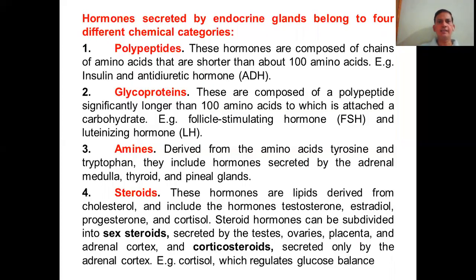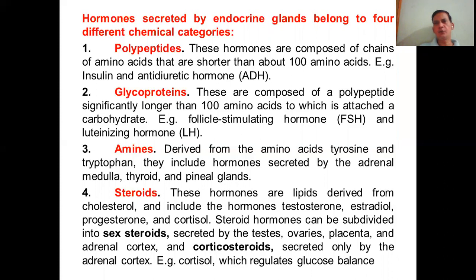So hormones secreted by the endocrine glands belong to 4 different chemical categories. So these are polypeptides, glycoproteins, amines, and the steroids. So polypeptides, these are the hormones that are composed of chains of amino acids shorter than 100 amino acids.